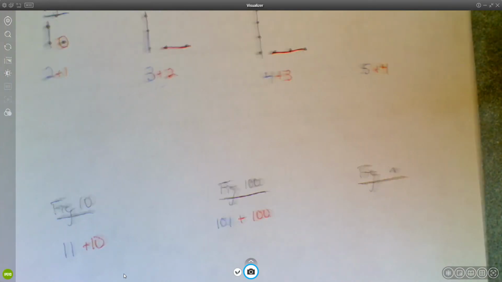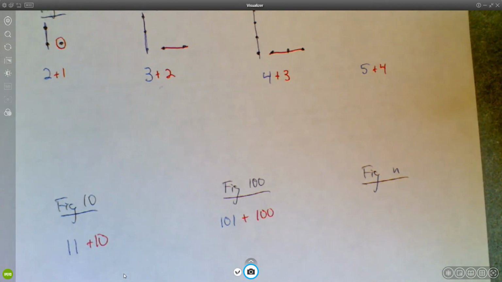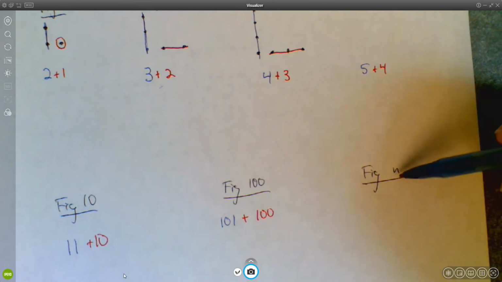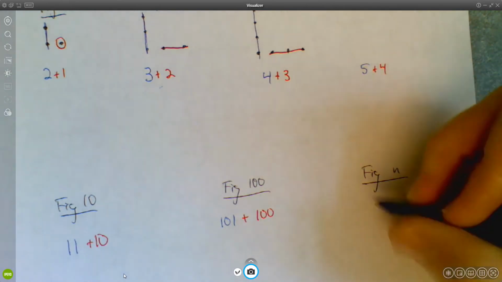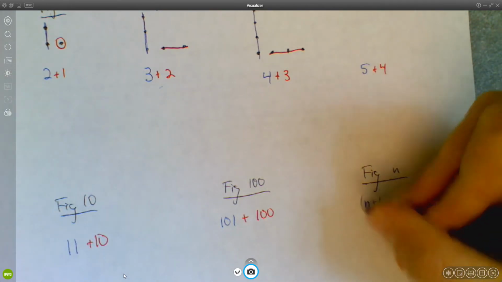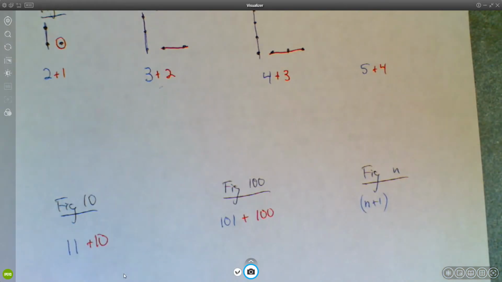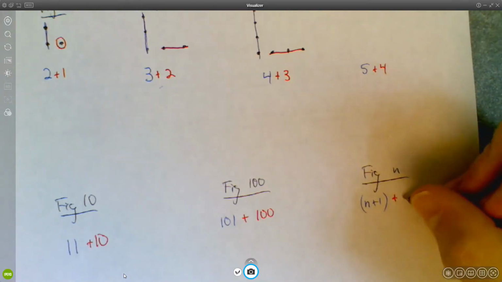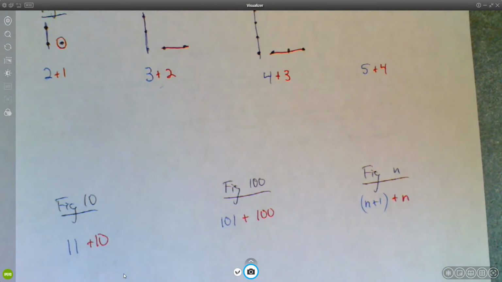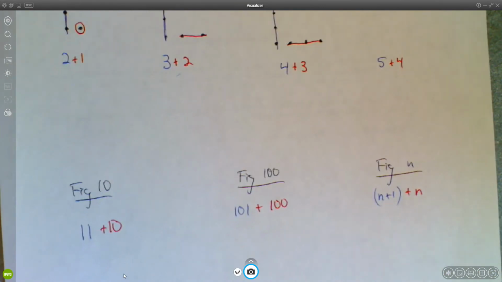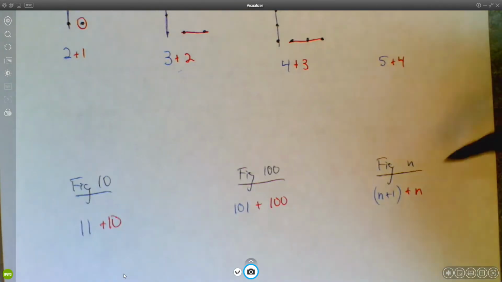How many dots are there going to be in figure n? Well, the blue part is going to be the figure number plus 1, so that's just n plus 1. And the red part is just going to be the figure number, which is just n. Okay, so that's the number of dots in figure n.